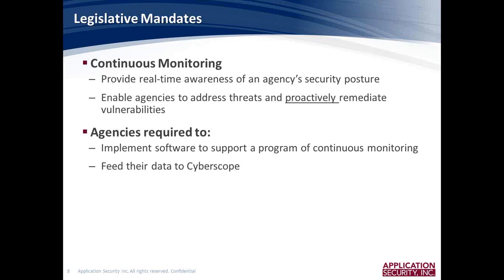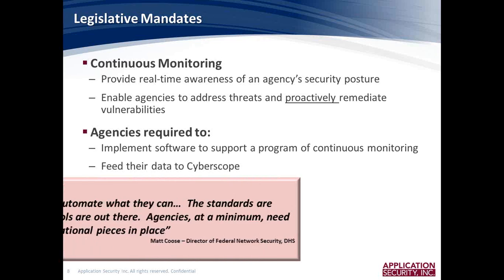We need real-time awareness of every agency's security posture, and we need to be able to address threats and proactively remediate vulnerabilities rather than wait for somebody to hack us because we've got a vulnerability and then go fix the problem. Agencies are required to implement software to support a program of continuous monitoring, and they're required to feed the results, the evidence of the success of their program, into the CyberScope system.